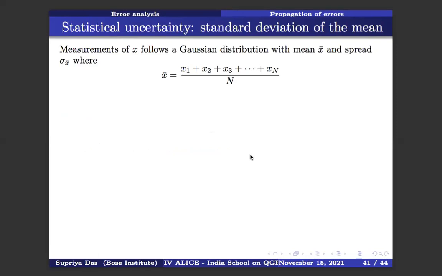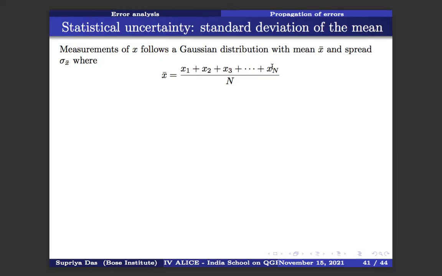For example, we have discussed the mean, and where the mean should lie within 1 sigma, 2 sigma, etc. But what is the sigma? How do we measure the sigma? For measurements of x, we always take that the measurement follows a Gaussian distribution with mean x bar and spread sigma. The spread of x bar is what we are interested in.